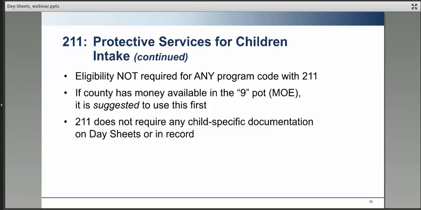And in this case, since there are no eligibility requirements for 9 when it's paired with 211, this can be an excellent place to utilize and spend down that pot of money. However, again, it must be in consultation with your fiscal staff. And remember, this is a recommendation or a suggestion. It is not a requirement. Counties must make that choice for themselves.